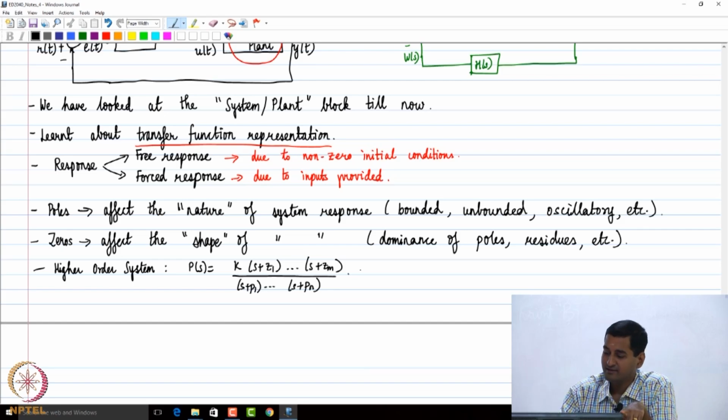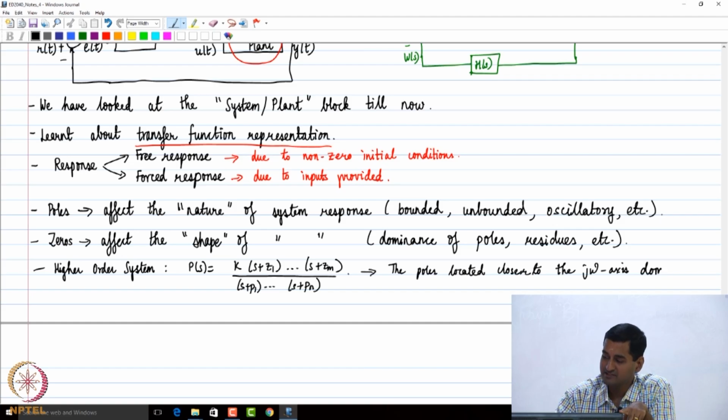And we can immediately observe from the discussions that we had till now that even for a higher order system, the poles that are located closer to the j omega axis dominate the system response, right?